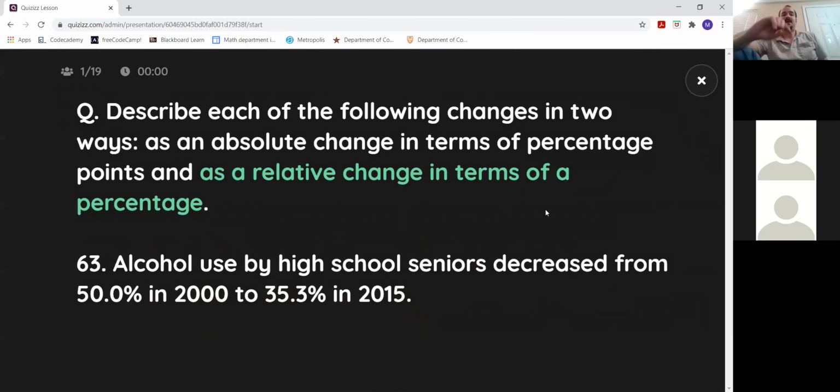But it's the same problem, but now we're doing relative change. So we know the solution to the previous one was minus 14.7. We're going to take that. Make sure you put the right units here. Make sure you put the right sign.